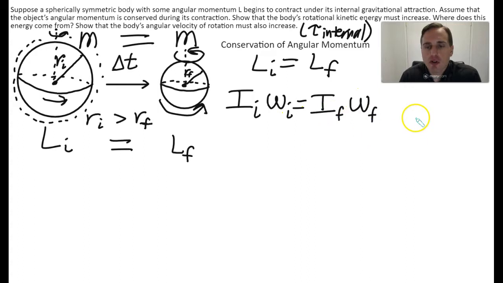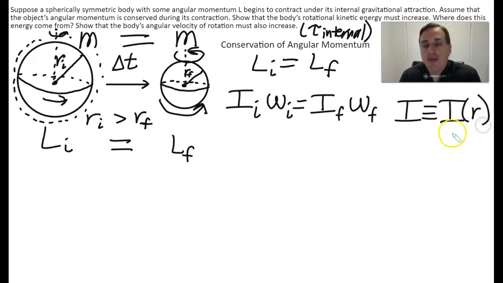Now, in general, moment of inertia is a function of r. And in fact, it's an increasing function of r. So we should say that the moment of inertia increases as the radius increases.